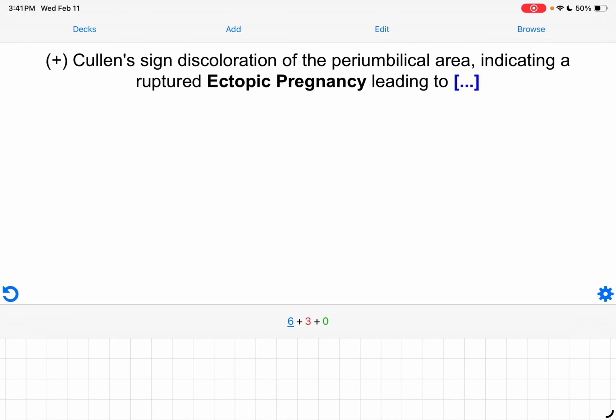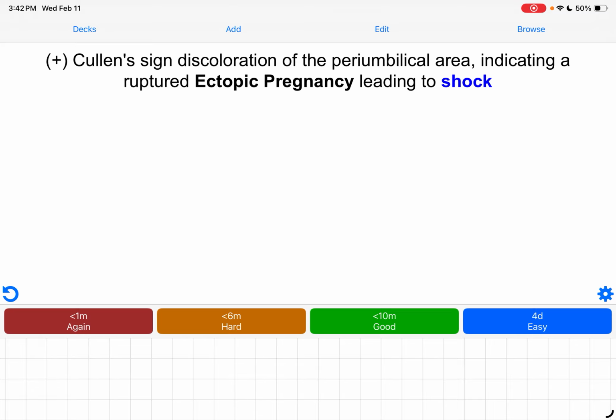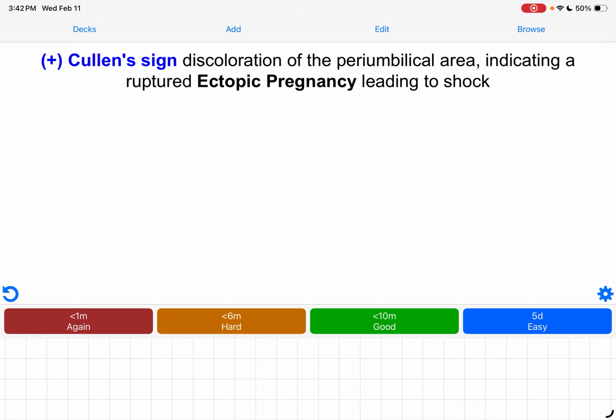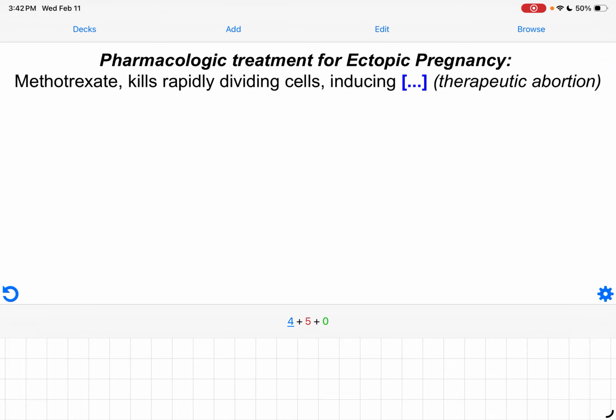Cullen's sign is the discoloration of the periumbilical area, a bluish discoloration indicating the rupture of an ectopic pregnancy, which leads to shock.